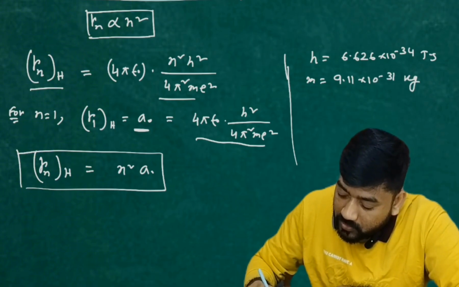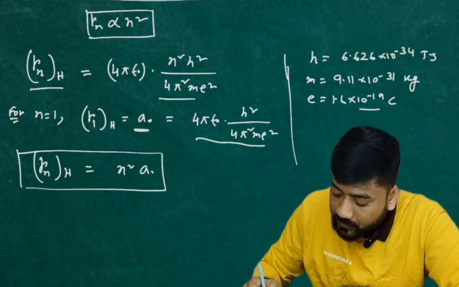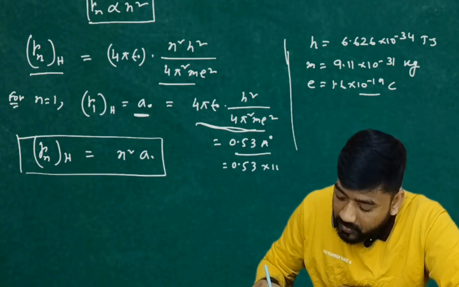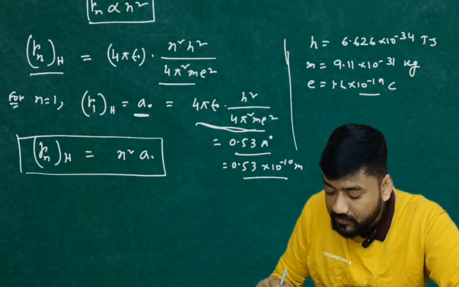Similarly the charge of electron is 1.6 into 10 to the power minus 19 coulomb, and if you put these values here, you will get 0.53 angstrom. Angstrom means 10 to the power minus 10 meter. So this is the radius of the first Bohr orbit.